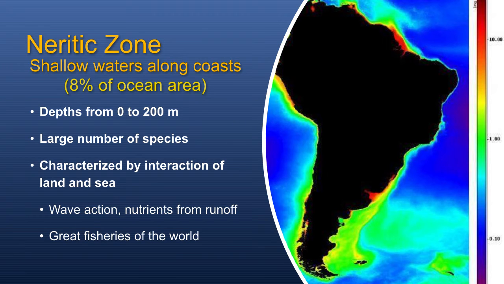But it has a disproportionately large number of species. So many species in these areas. And this region of the ocean is characterized by interaction of the land and the sea. So we have lots of wave action, we get nutrients from runoff on land, and a lot of the major fisheries of the world are found in the Neritic zones.